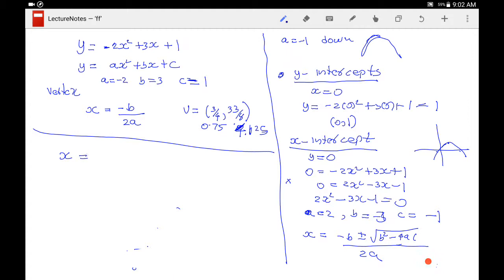So x equals minus b, minus times minus 3, plus or minus the square root of minus 3 squared minus 4, where A is 2 and C is negative 1, and then 2 times A, A is 2.